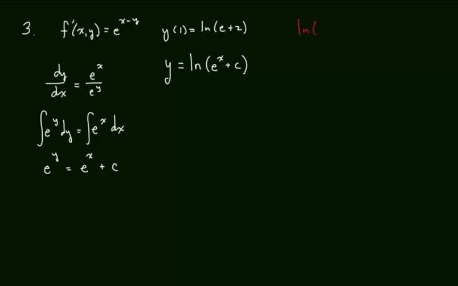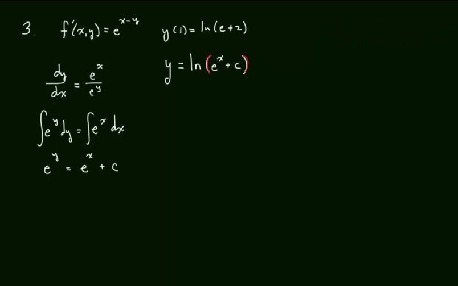The natural log of e to the x plus c is not equal to the natural log of e to the x plus natural log of c, nor is this the multiplication. There is no property for the natural log of a plus b. I had to take the natural log of the whole side, and that I will.